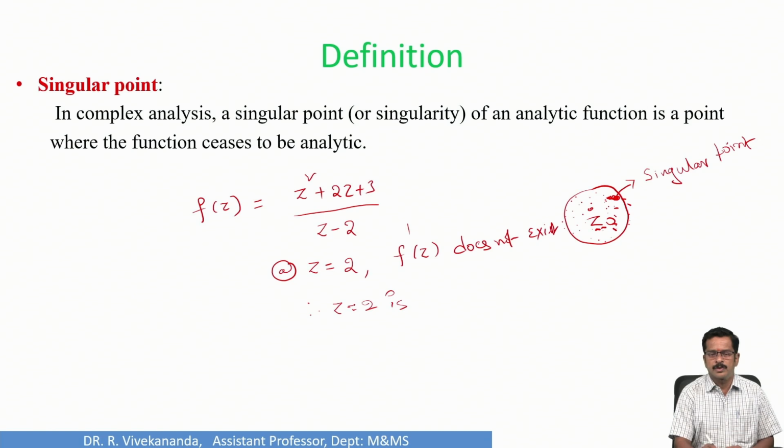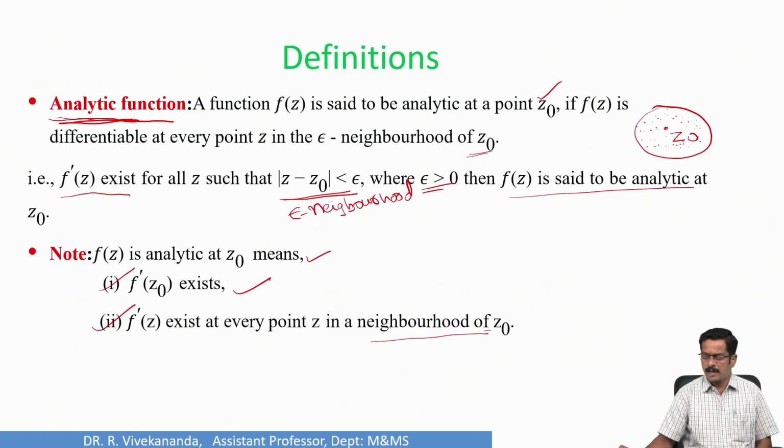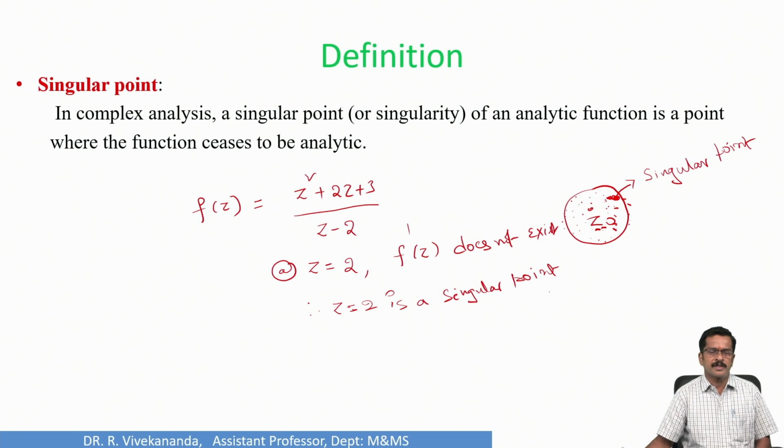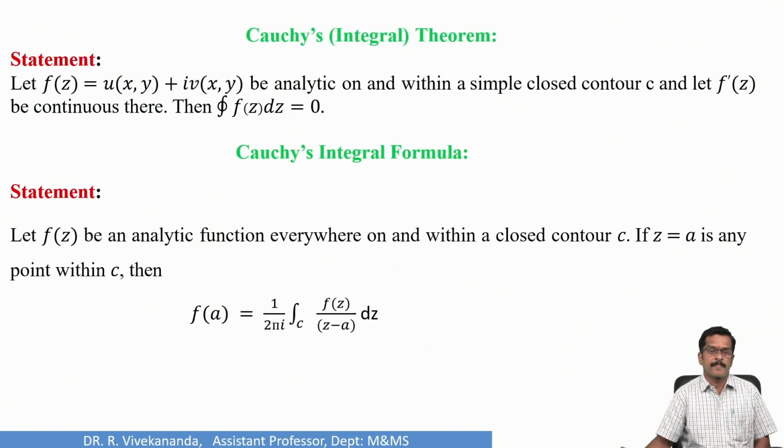To summarize, analytic function means the derivative exists in the neighborhood of the given point, and singular point means a point where the function ceases to be analytic, where differentiability does not exist.